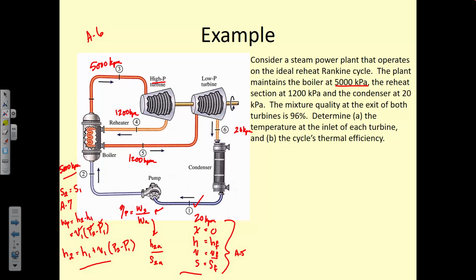Vapor. Yeah, it's a superheated vapor, but we need another property value, right? How do we get it? I assume you do something with that 96%.